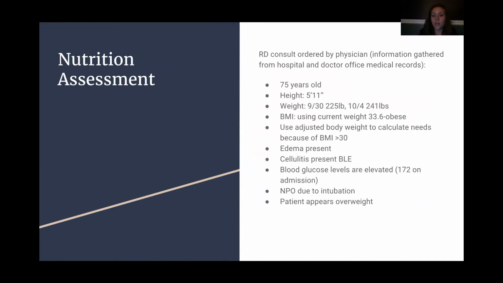He had edema present. Cellulitis was also present on bilateral lower extremities. His blood glucose levels were elevated, especially on admission, they were 172. He was NPO due to intubation at the time of the assessment, and visually the patient appears overweight.